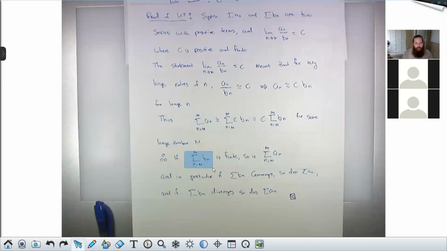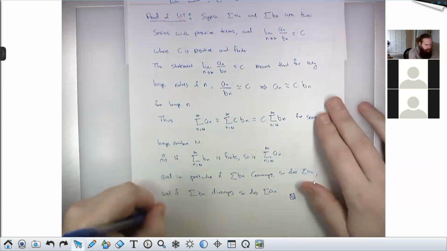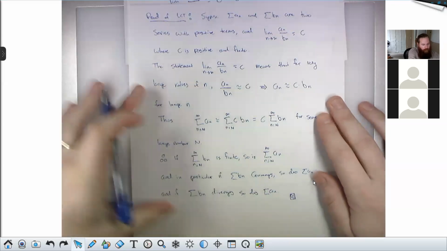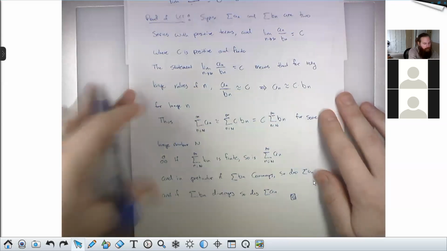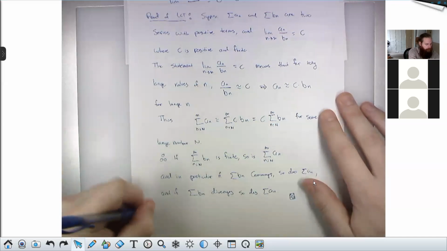But this tail being finite means this series converges because everything that happens before the tail can't affect convergence. And therefore, if this series converges, so does this series. So by tail, it's not a word I've written down here. You don't need to know what the word tail means to understand this argument, but you do need to read it very, very carefully.